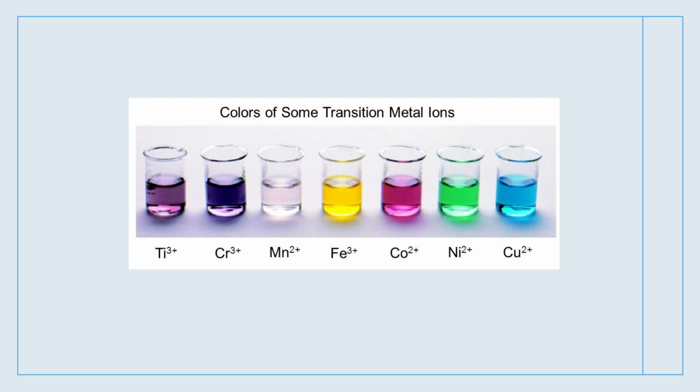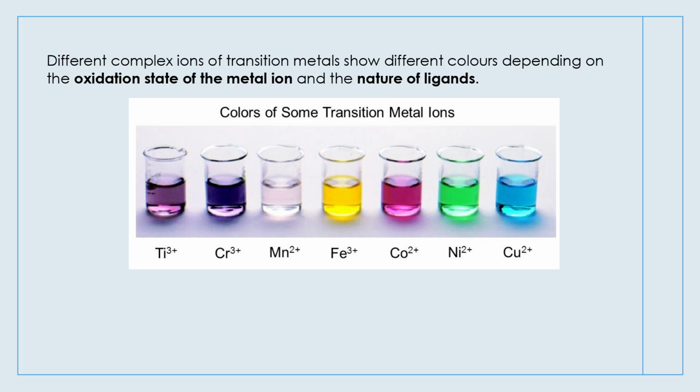The reason is that this color depends on two factors. Number one, the oxidation state of the metal ion. As transition elements show variable oxidation states, if the oxidation state is changing, the color of the complex will also change. Second is the nature of the ligand. The ligand that you are using, what is the nature of that ligand? So these two factors affect the color of the transition metal complexes.